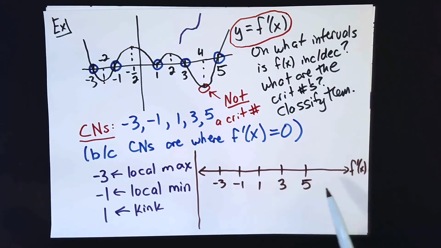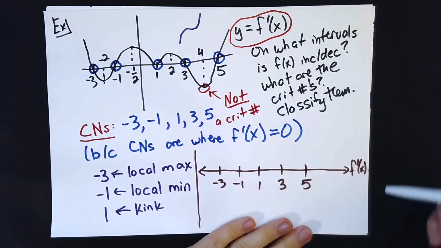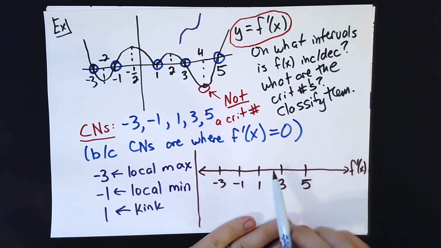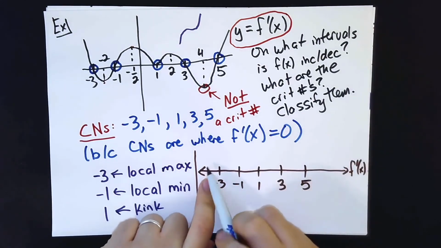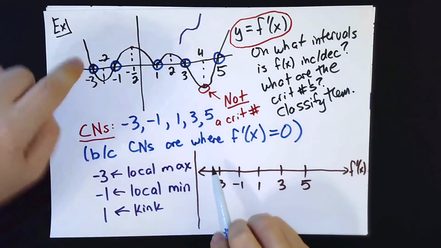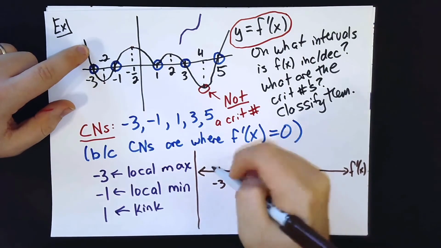And what was my goal with the derivative profile? I was supposed to say whether in each of these intervals the derivative was positive or negative. What is it over in this piece? Well, that piece is positive.